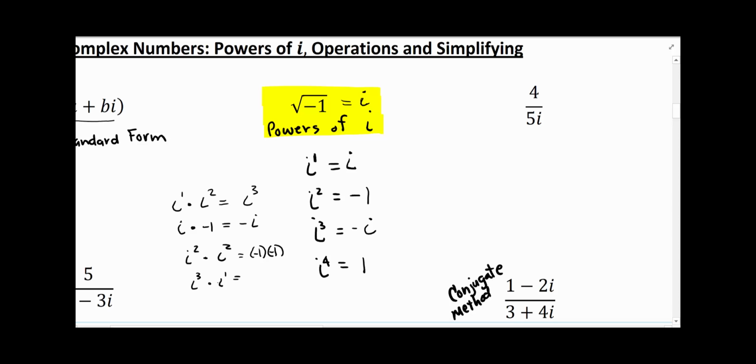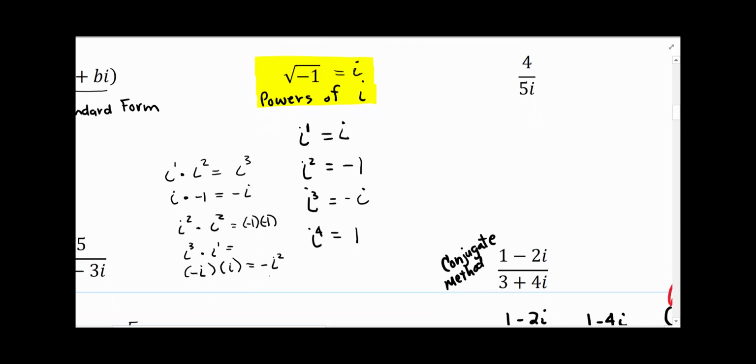Let's look at i cubed. i cubed is negative i. i to the first is i. And negative i times i is negative i squared. Sorry, I paused there for a second. i squared is negative 1. The opposite of negative 1 is positive 1. That's why I tend to go to i squared times i squared, which is the same as i to the fourth, because negative 1 times negative 1 is just easier to simplify quickly.